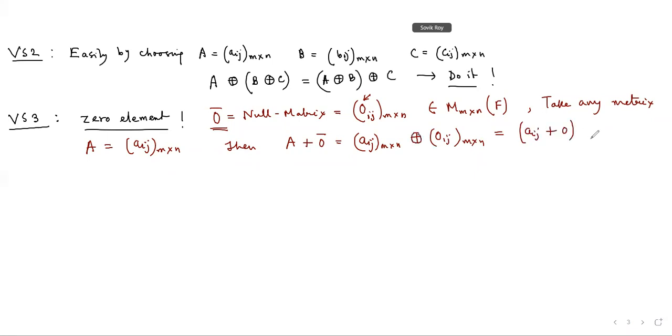Remember what sort of plus I am using, and that is Aij M cross N. So 0 bar, the null matrix, is the additive identity of the set M cross N F.